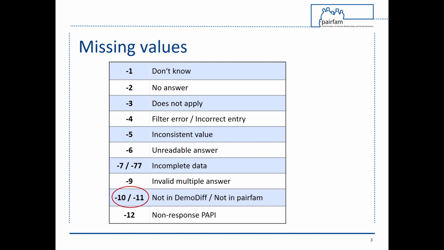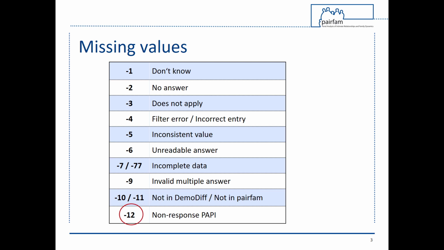For waves 1 and 3, special missing codes indicate differences between the pairfam questionnaire and the demotive sample. If a question from the pairfam questionnaire was not part of demotive, the corresponding variable was set to -10, not in demotive. Demotive variables not included in the pairfam questionnaire are indicated by -11, not in pairfam.